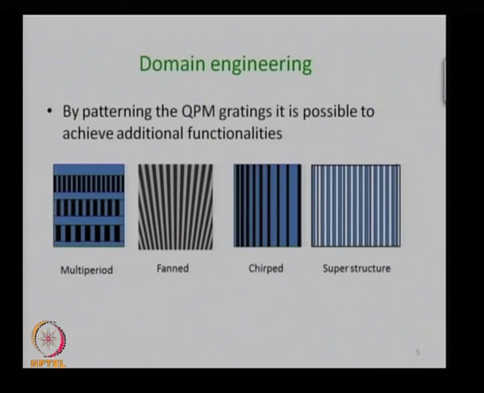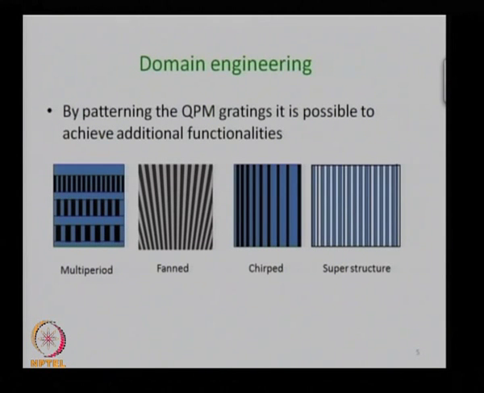So you can make a crystal with multiple periods and use these to achieve phase matching at different fundamental frequencies, or you can fan the grating like this. Depending on the vertical position where you're coming, the period that will be encountered by the light will be different. So you can achieve tunable phase matching essentially. You can move the crystal, and depending on where you are focusing the laser beam, you can have different phase matching conditions satisfied.